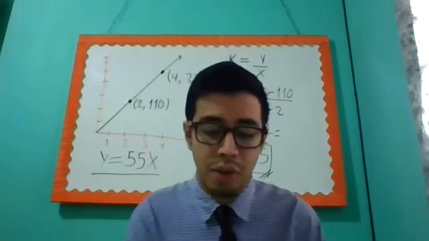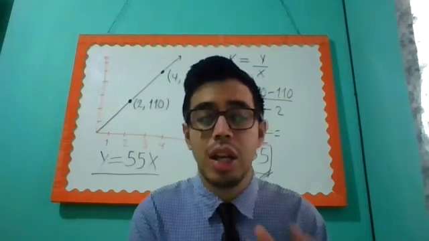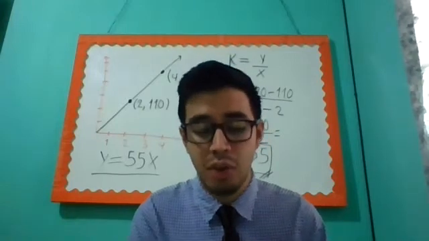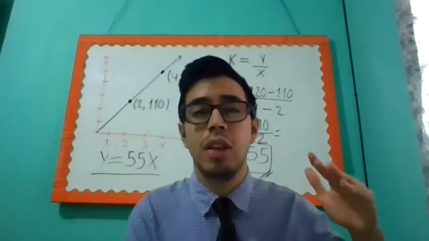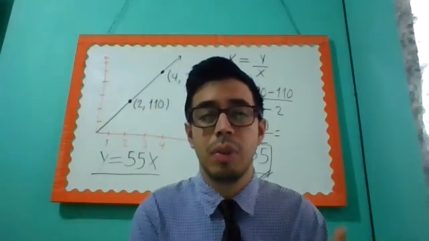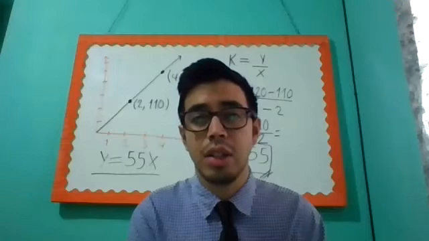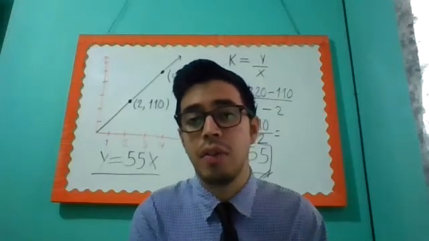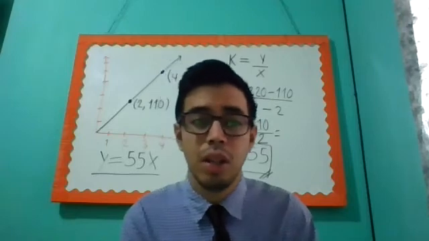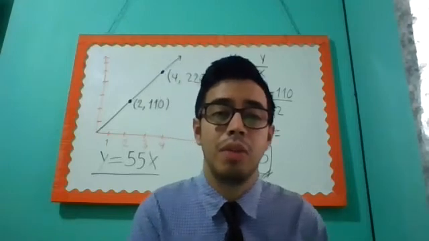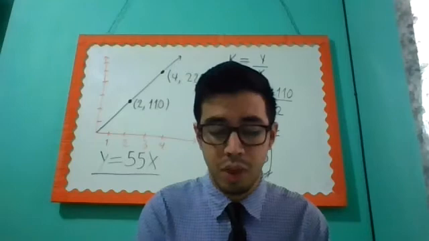Remember, you divide the value of y over the value of x. So if you divide the value of y, that is 3, by the value of x, that is 1, you are going to obtain the same value, 3 in this case.